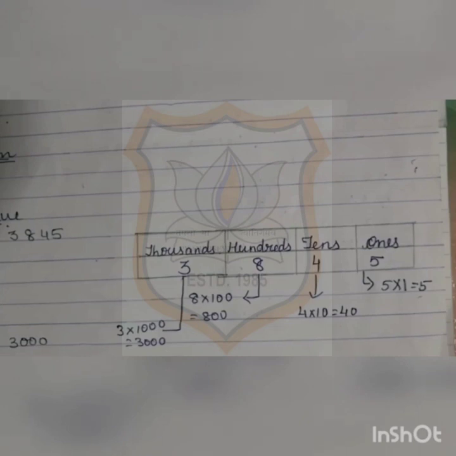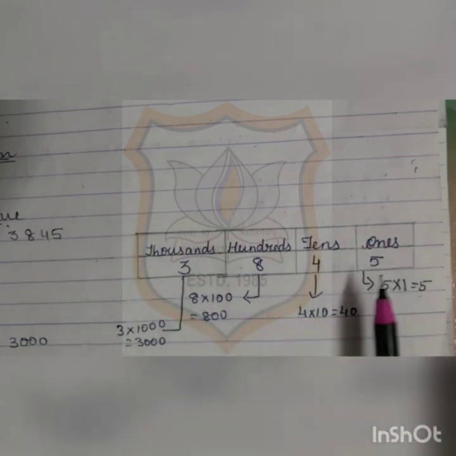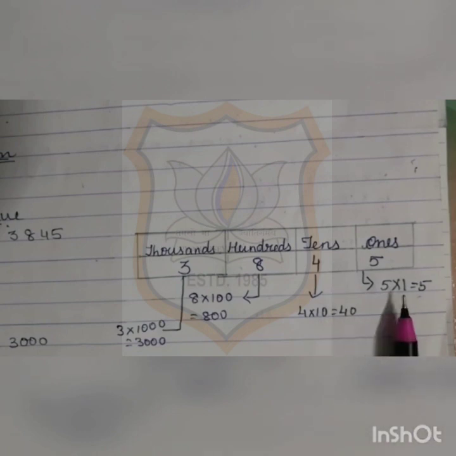You can see that the digit 5 is written in ones position in the place value chart. So we will multiply 5 with 1. So the place value of 5 is 5.